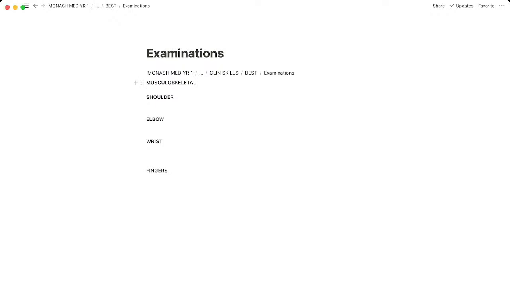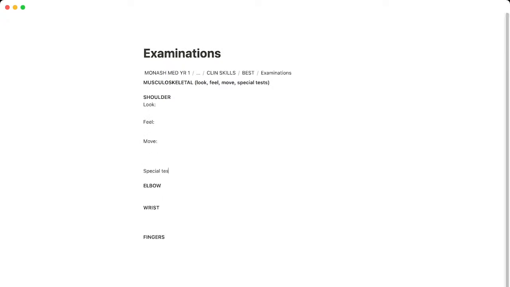Musculoskeletal. Look, feel, move, special tests in general. Look, feel. Okay.